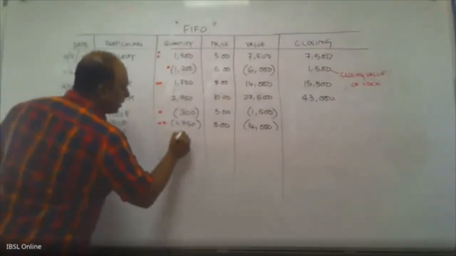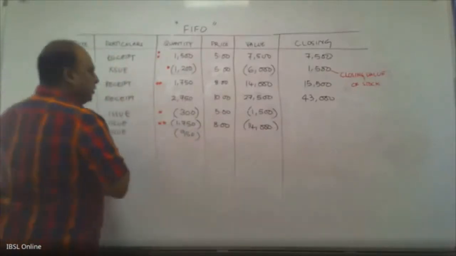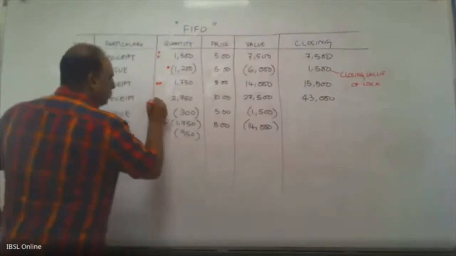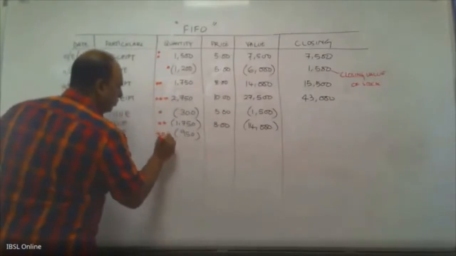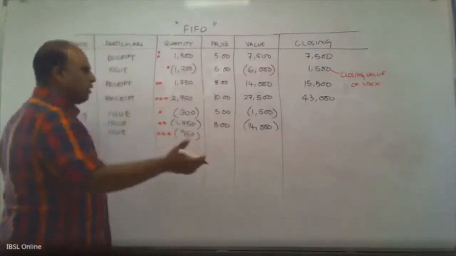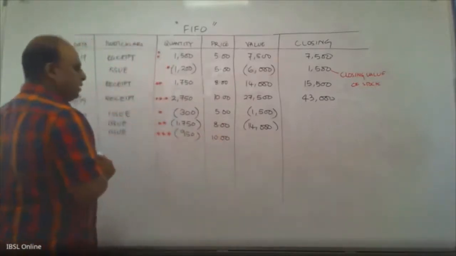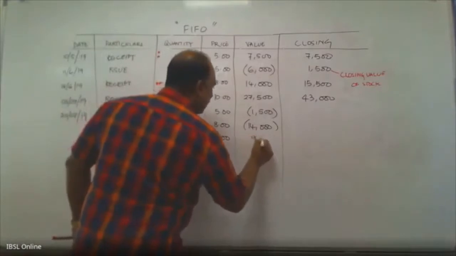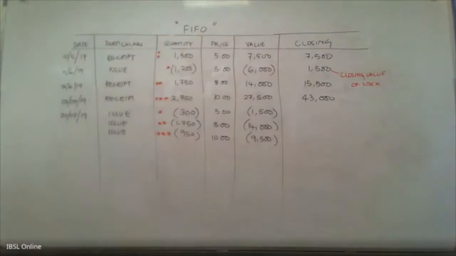So I will take 950 from this. Please remember, in exams you don't need to put this asterisk and everything. I'm just explaining it to you how I got it, so that when you look at it later on, you need to know it. So that will be at 10 rupees, which means 9,500. Am I correct?